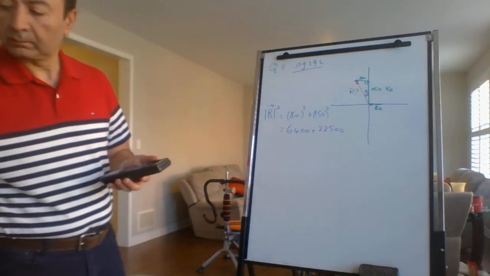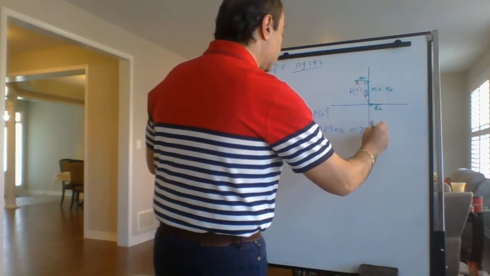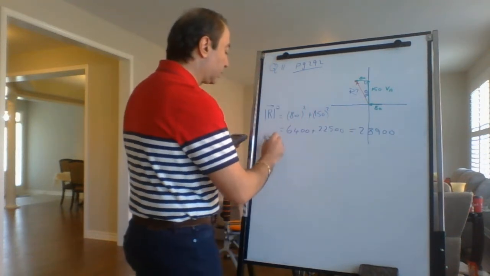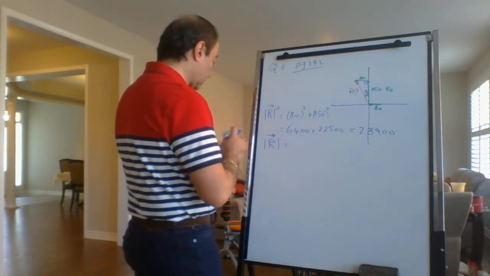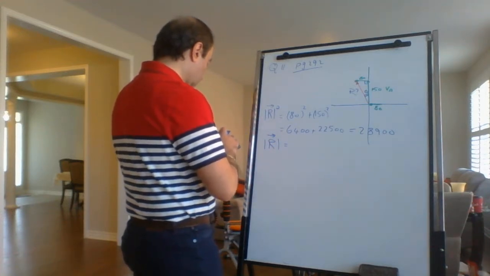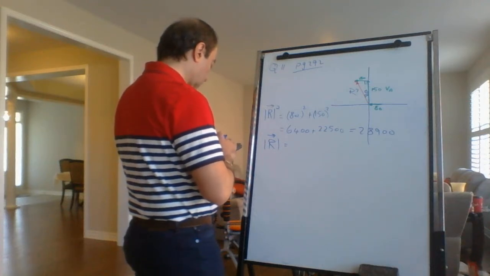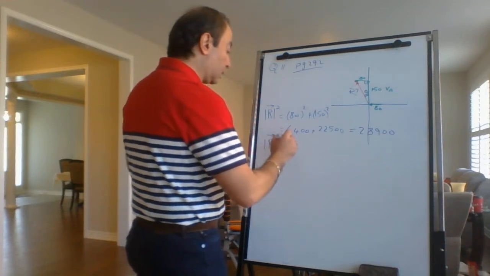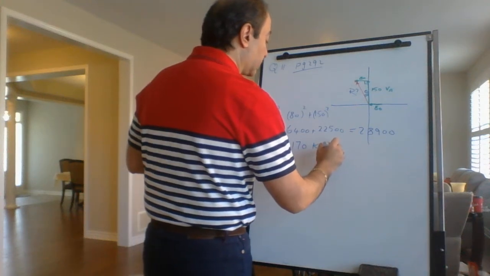So this will be 28900. So R, the magnitude of the resultant, will be the square root of that. So the resultant will be 170 kilometers per hour.